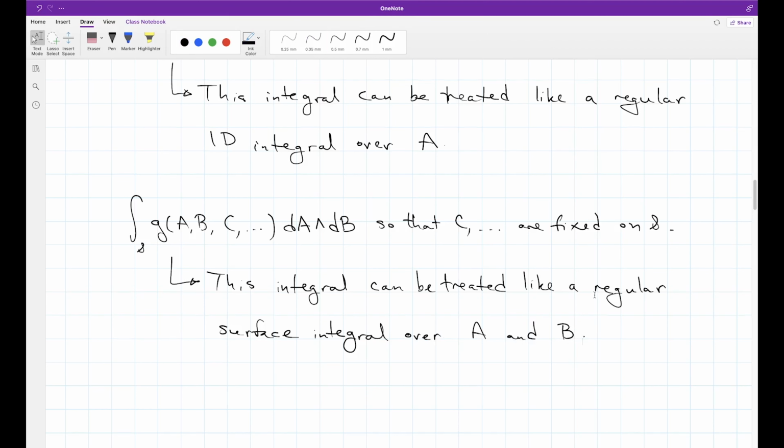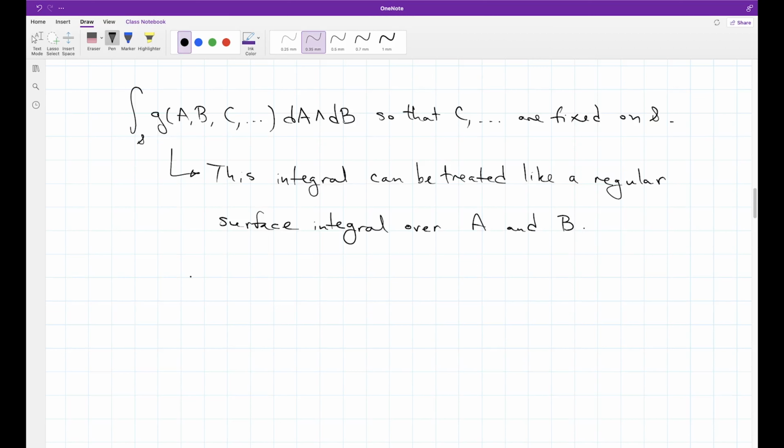Good. Okay, so now we have Stokes's theorem.